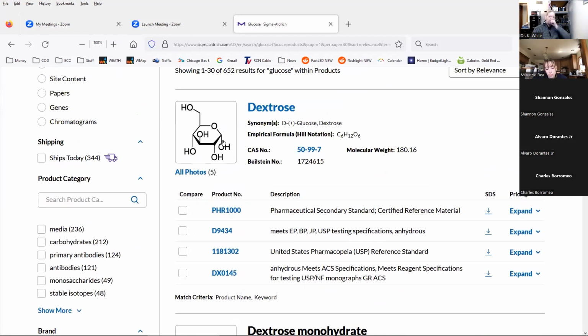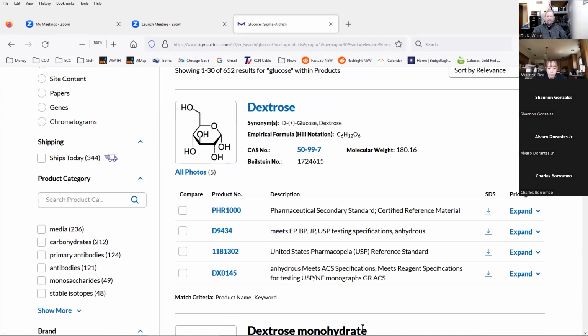And here they have another structure I'll talk about. They call it dextrose, but notice it says D plus glucose. And that D tells you the hydroxyl group on carbon 5 is on the right.